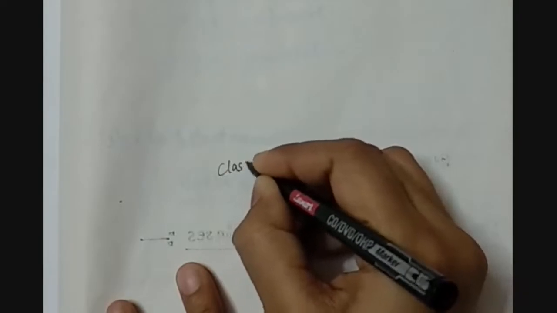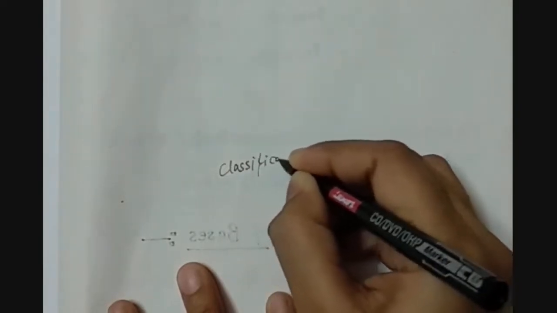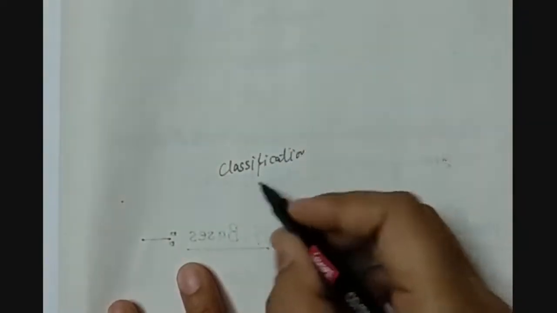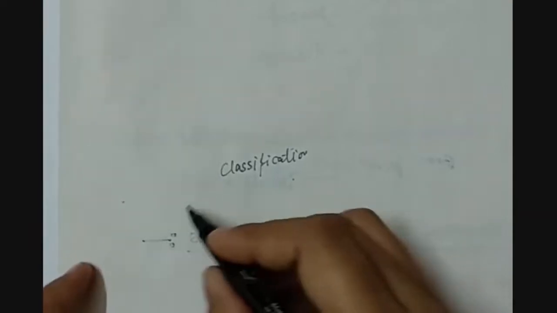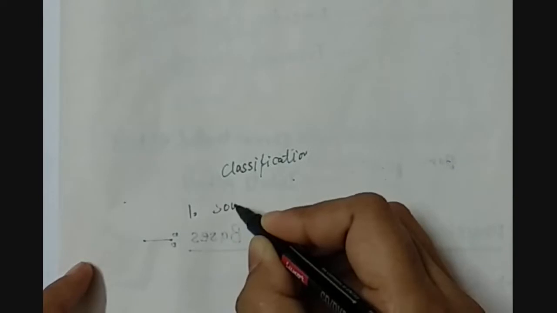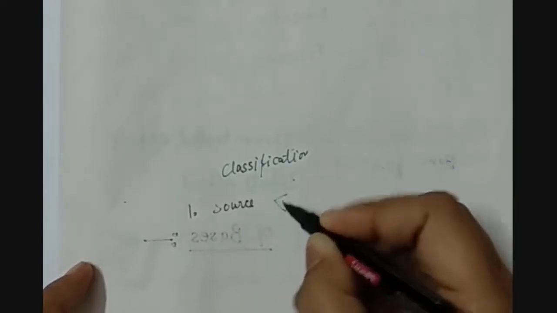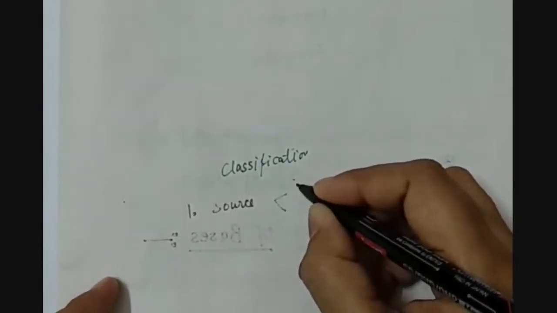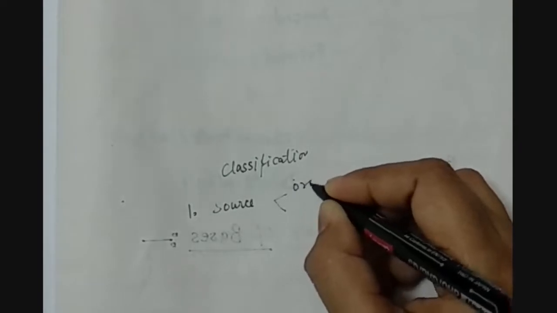Then we saw the classification. The first category was on the basis of sources. On the basis of sources, acids are of two types, organic and inorganic.